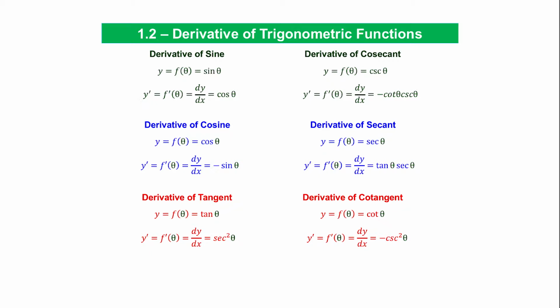Then the last reciprocal, which is the cotangent, the reciprocal of tangent theta. If y equals cot theta, then the derivative of that function will be dy/dx equal to minus cosecant square theta.